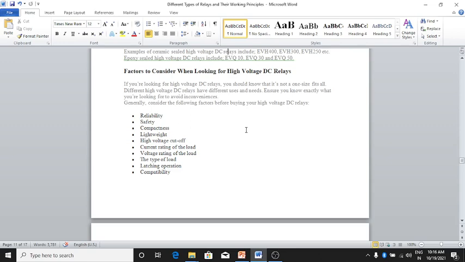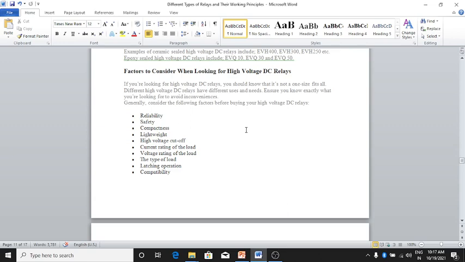If you are looking for a high voltage DC relay, you should know that it's not one size fits all. Different high voltage DC relays have different uses and needs. Ensure you know exactly what you're looking for to avoid inconvenience. Generally consider the following factors before buying your high voltage DC relay.